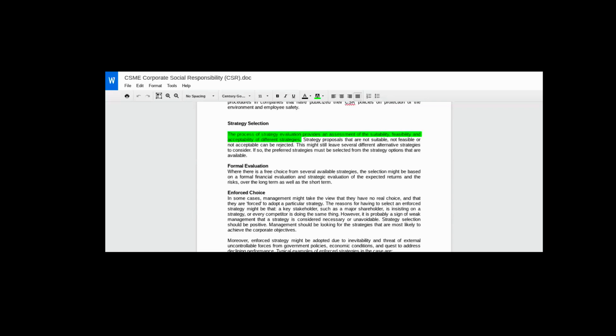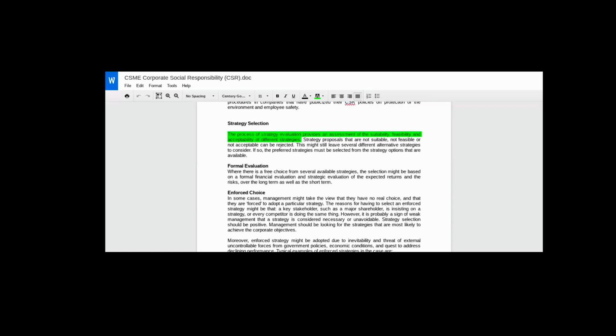Because any strategy that is profitable but the level of risks attached is too high for the company to bear, we can drop that strategy. It's not a good strategy of choice that we can select. Because any strategy that is beyond the risk appetite of the company, under ethical stand, is not a good strategy. So we must look at the profitability and the ratio of risks of that strategy. That's what we call feasibility.